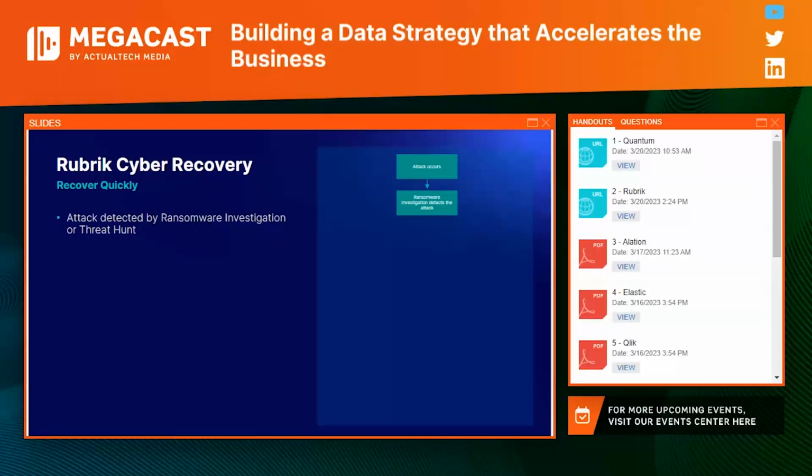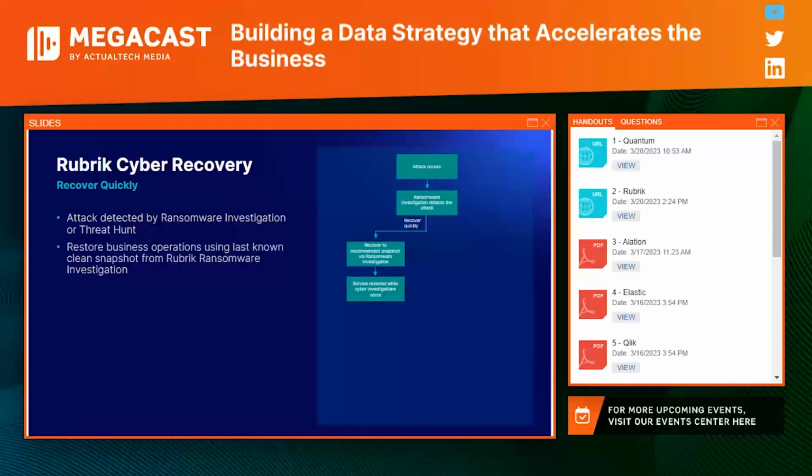At the same time, anything that you know is a bad snapshot, which you may have been able to quarantine via threat containment if you're using it, can be spun up in a secure, isolated recovery environment, or an IRE.